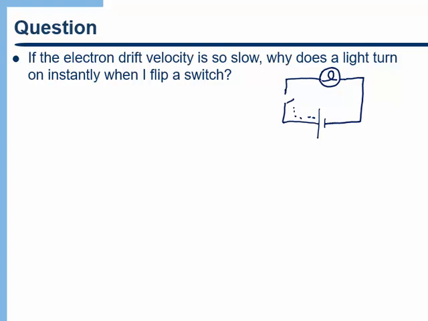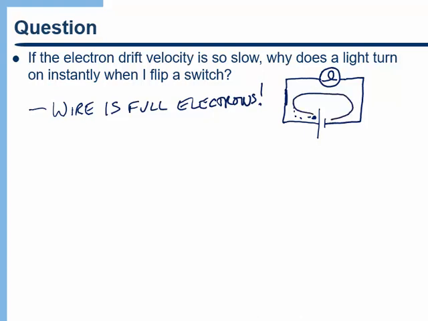Well, the reason for that is that the wire is full of electrons. So in other words, when I close the switch, it's not like an electron right here has to get all the way around the circuit before the light goes on. All it has to do is bump the electron next to it and make it move. And that process is actually very fast.